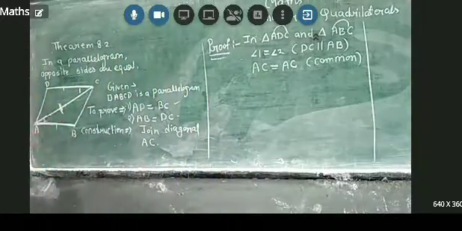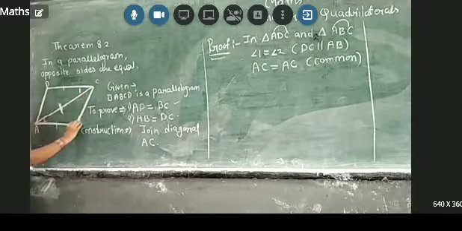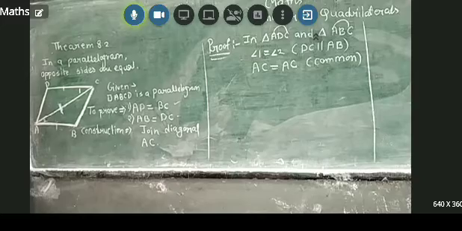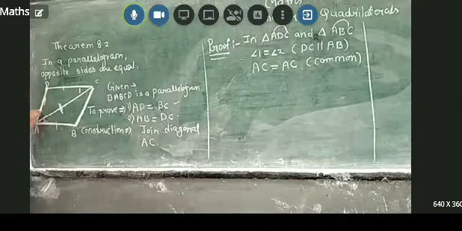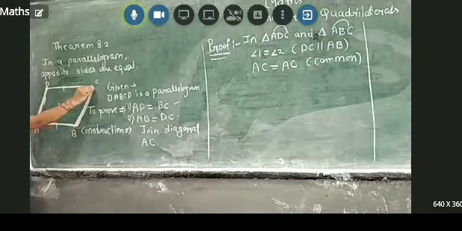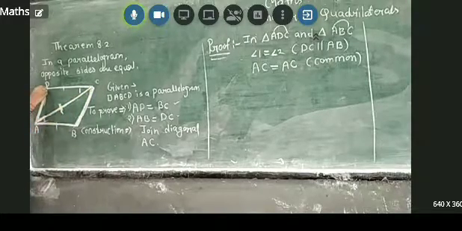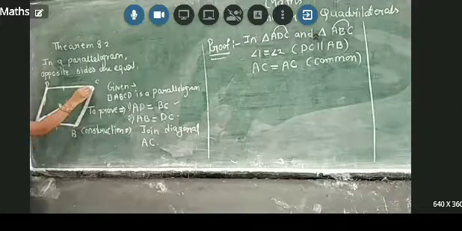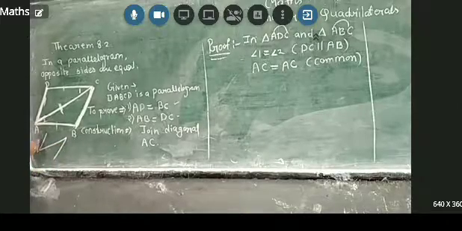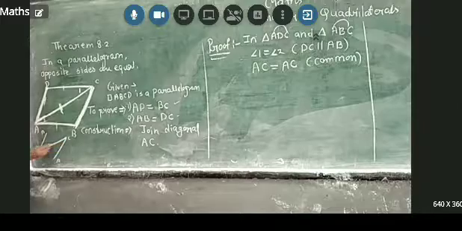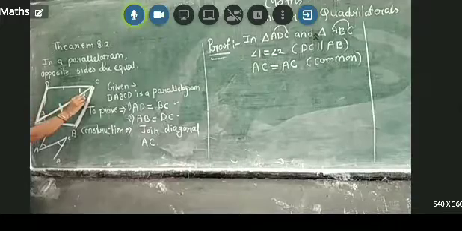After that you can also see that this AD is parallel to BC. Why? Because it is a parallelogram and in a parallelogram opposite sides are parallel to each other. So when AD and BC are parallel and AC is transversal, which two angles are going to form here? Here Z is forming like that. So here are A, D, B and C. These two angles will be the same. So here is 3, here is 4.